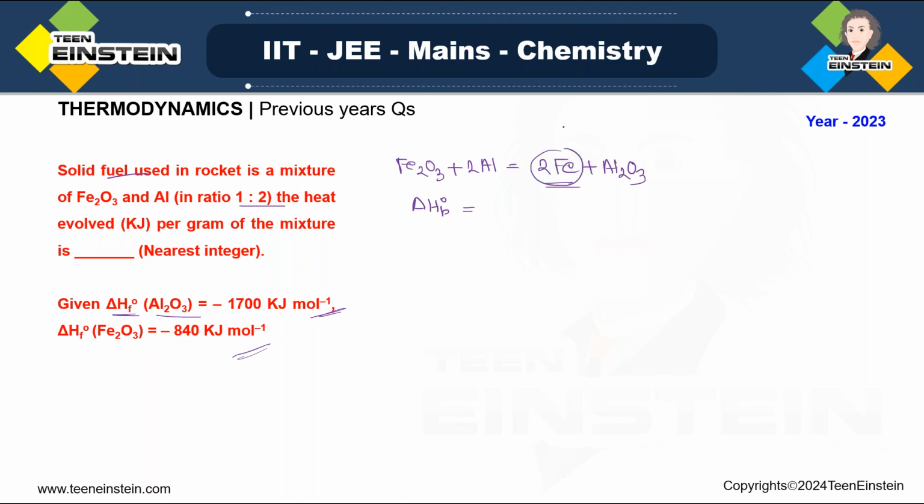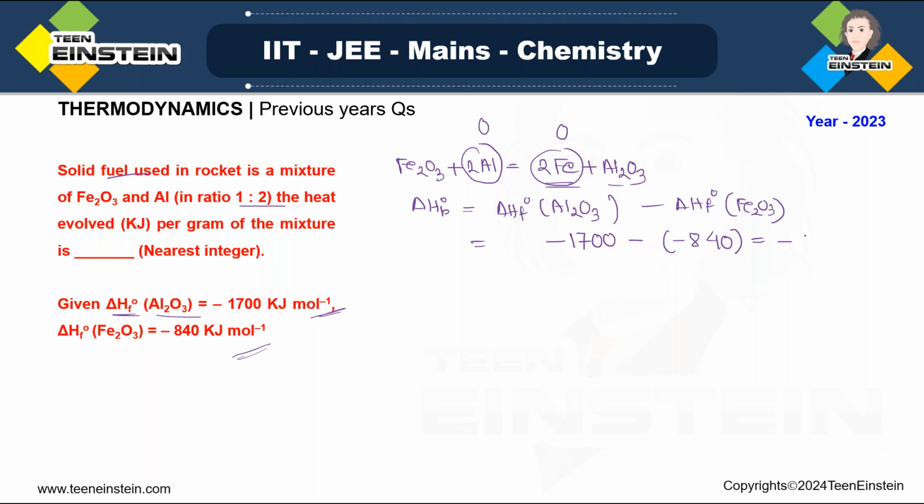On the left hand side, aluminium also will be 0. So ultimately we are left with del HF naught for Al2O3 minus del HF naught for Fe2O3. So this will give you the final value. Now this is minus 1700, minus, this is also minus. So ultimately it will be negative because this part is still negative.